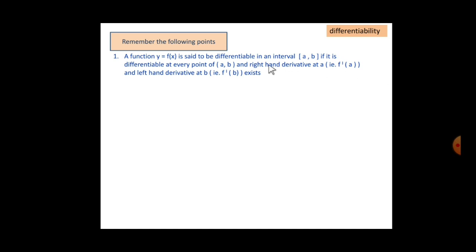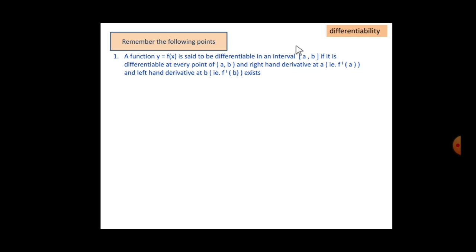Students, here you can see it is the open interval a comma b, meaning you know that it excludes a and b. So you consider any point in between a and b, and at that point it should be differentiable, excluding a and b. Now at the end points, because it is a closed interval, at the point a and the point b, what should happen?